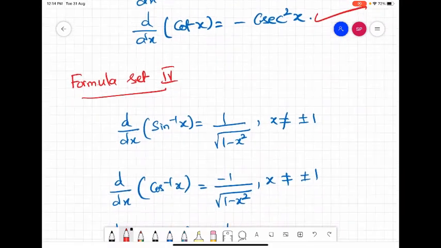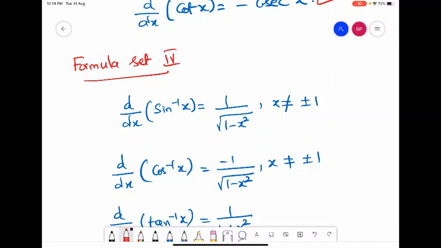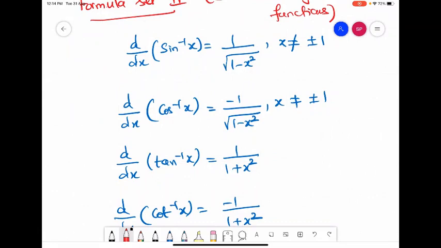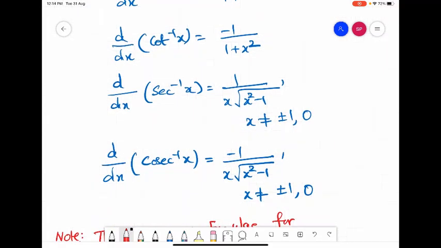Then what is formula set 4 about? It is about inverse trigonometric functions. You can just go through them simply because you will use them as just formulae. d by dx of sine inverse x is 1 by under root of 1 minus x square, and d by dx of cos inverse x, d by dx of tan inverse x, d by dx of cot inverse x, d by dx of secant inverse x, and so on.